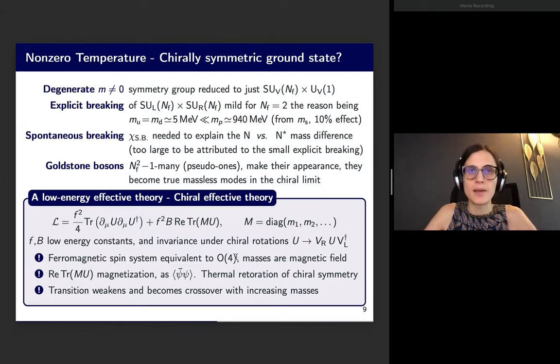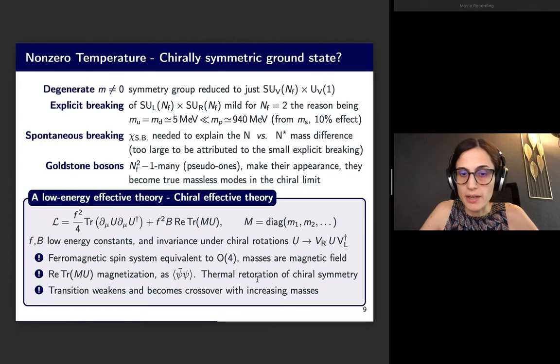One can bring the analogy one step forward and realize that the real part of the trace of m times U plays the role in that system of the magnetization, and its counterpart in QCD is the chiral condensate, which is the expectation value of psi bar psi.